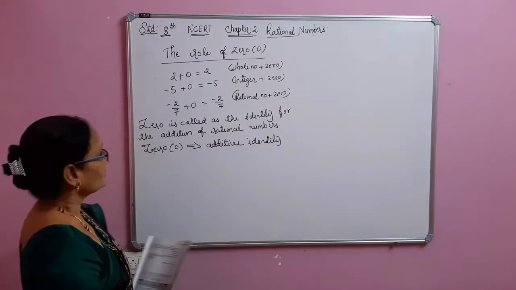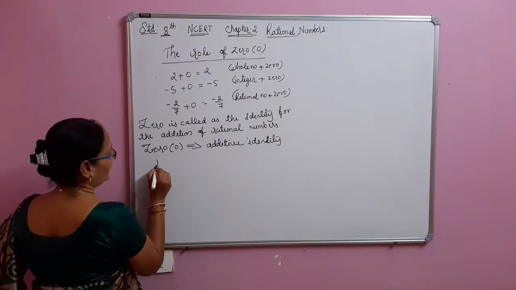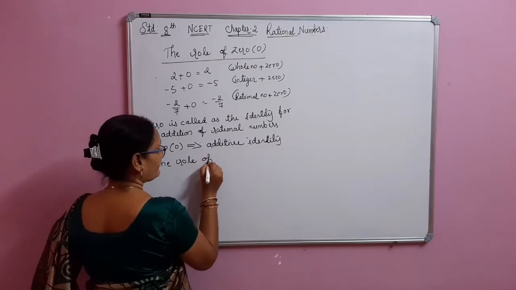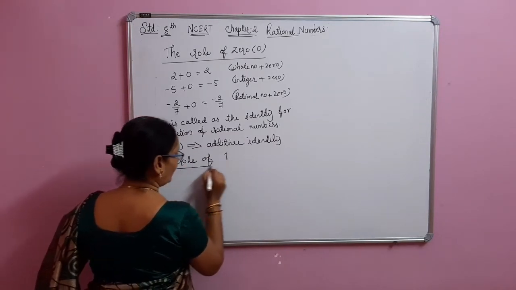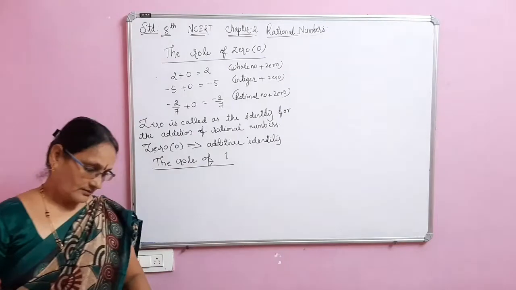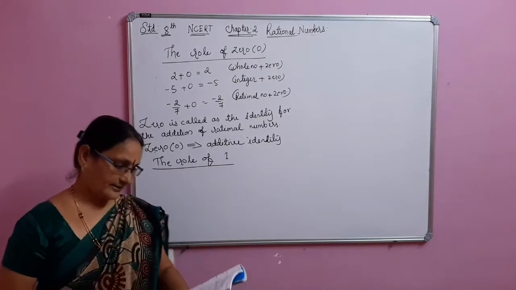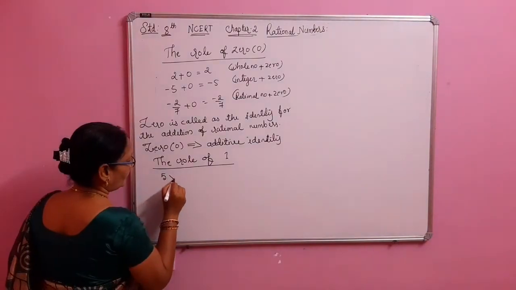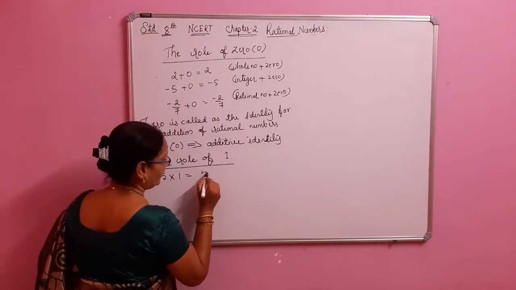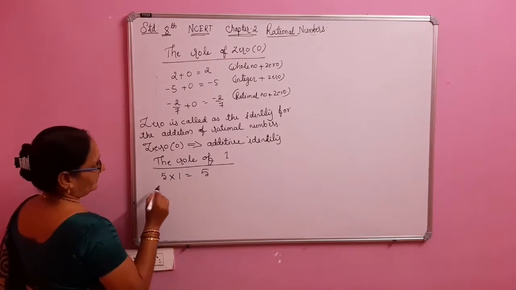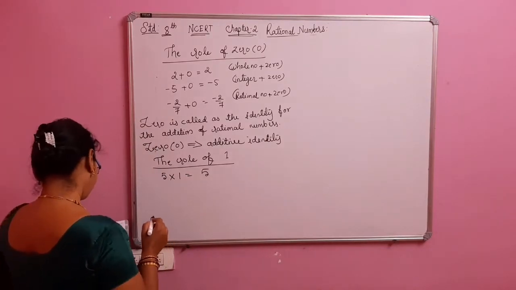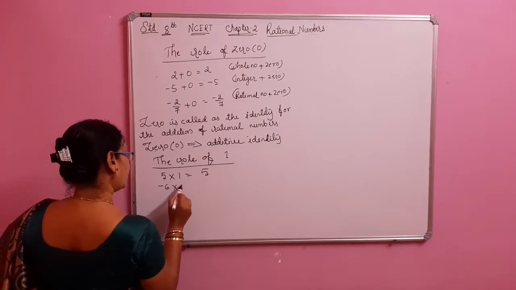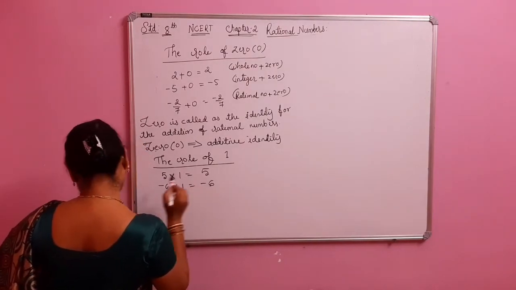The same way we will see the role of 1. Suppose we take a whole number into 1, again we will get the whole number. Then we take an integer, minus 6 into 1 is minus 6.